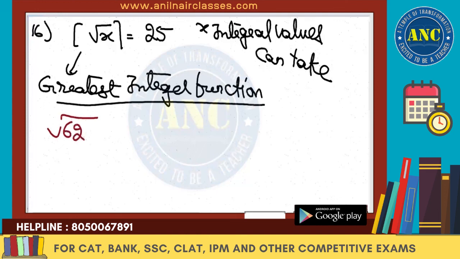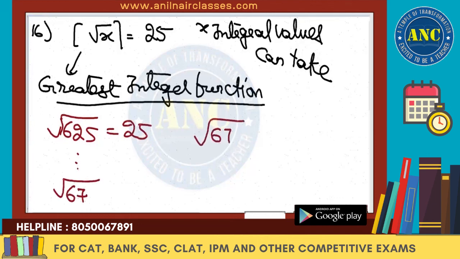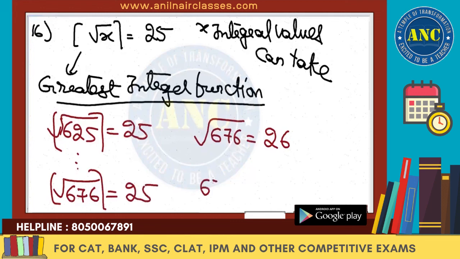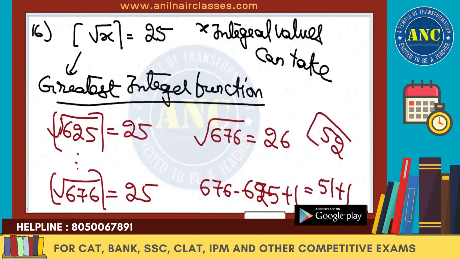Root of 625 is 25. The next value is root of 676, which is 26. So till here I will get 25. How many natural numbers are there from a to b? b minus a plus 1. 676 minus 625 is 51, plus 1 gives 52.